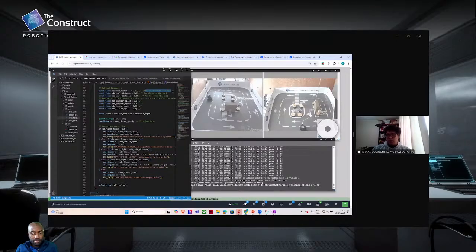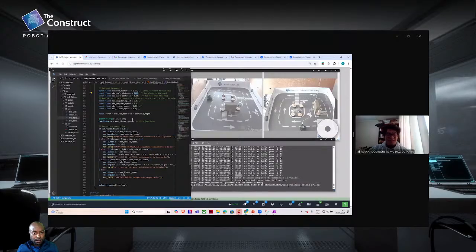So it's very difficult to keep 0.3 meters all the time. So I created two more distances to make all the settings. First, I set a distance for when the robot is too close, and another for when the robot is too far from the wall.